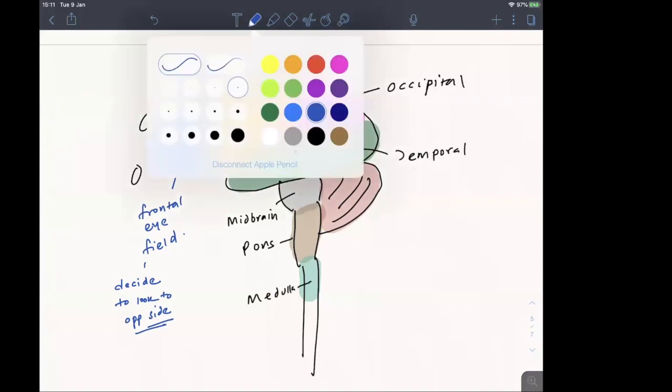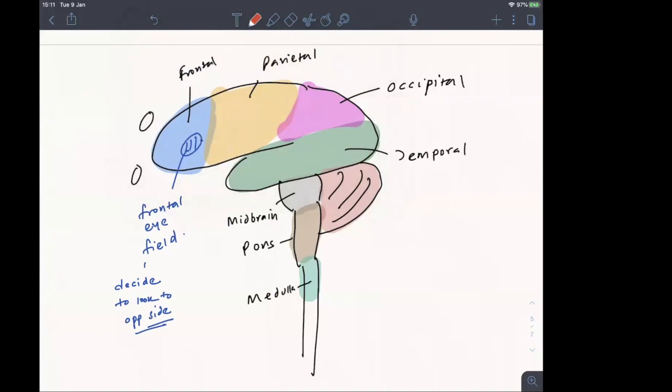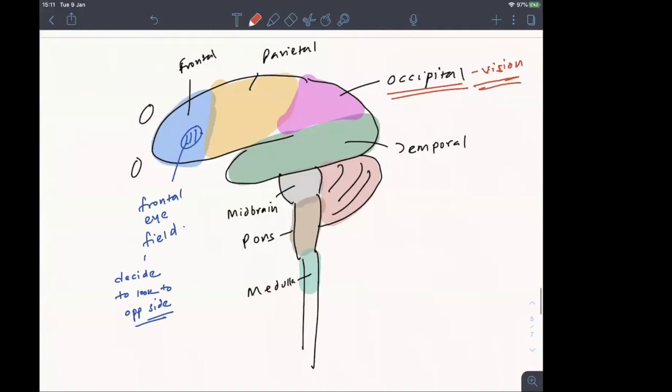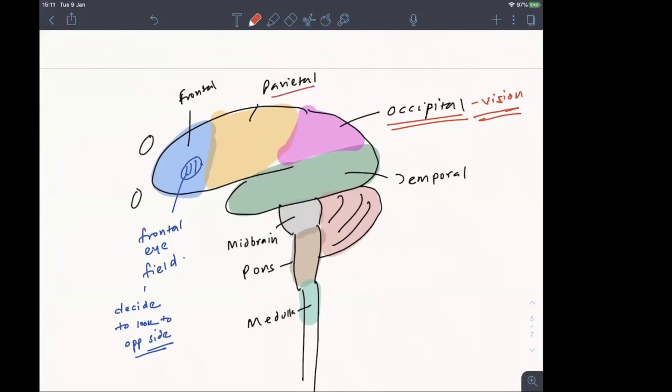Next important area to know is your occipital lobe. Why is that important? Because the occipital lobe is where all the vision happens. So if you want to look to the right, you need to see what you're looking at. So the occipital lobe is where all that vision is analyzed. Okay. Now coming down, why is your parietal lobe important?